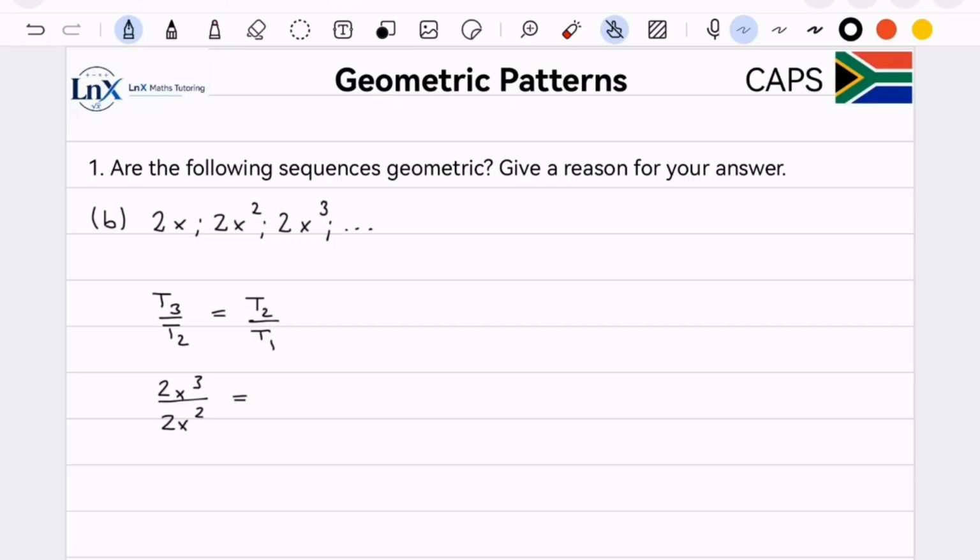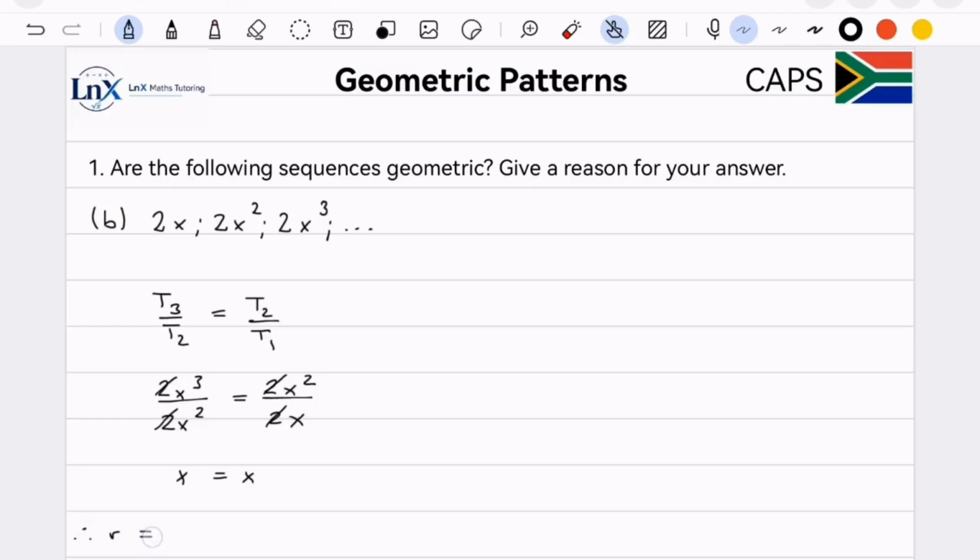Then the second term, 2x squared, divided by 2x. We know that the 2's will cancel out. x to the power of 3 divided by x squared will give you x. And here, same, the 2's cancel out. x squared divided by x gives us x.